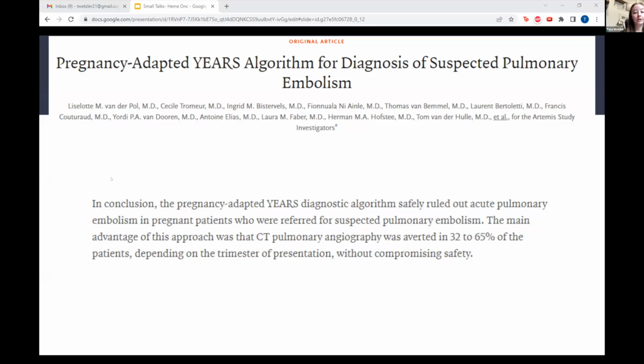And they compared this to another study that was conducted on pregnant patients using the Geneva score. And in that study, 84% of the patients underwent either CT pulmonary angiography or VQ scan. So this was able to save patients who didn't need it radiation exposure.